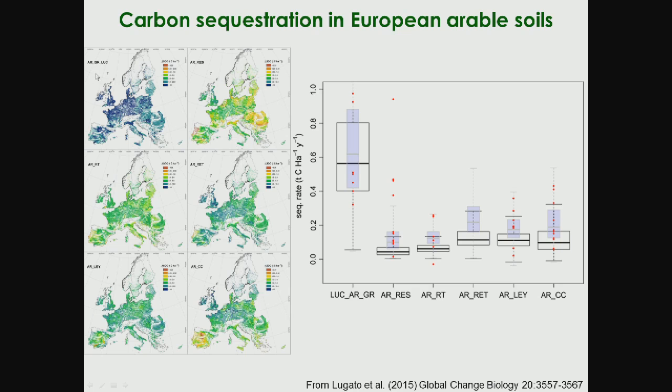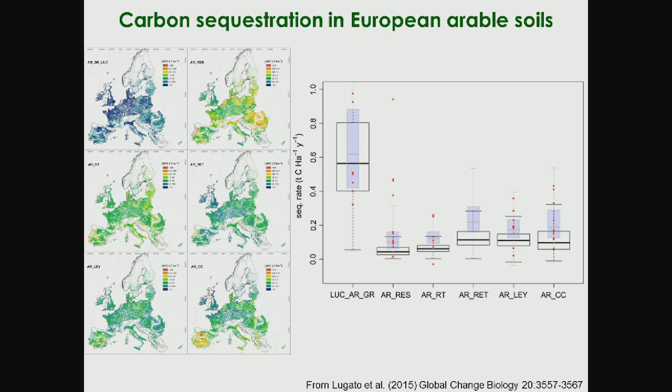This first one, which also maps onto this map here, shows the greatest sequestration of carbon. This is a change from arable intensive agriculture to more grassland agriculture, and this switch from arable to grassland is proposed to give the greatest change in carbon sequestration.